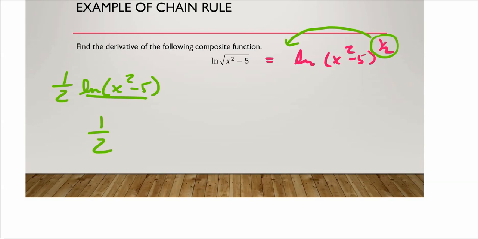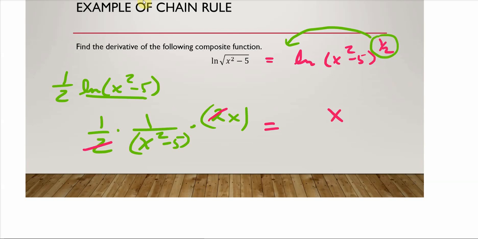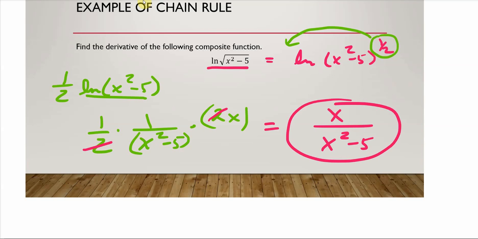And the derivative of ln of a quantity is going to be 1 over my quantity, times the derivative of my quantity, which is 2x. And now by simplification, I'm going to cancel this out. It reduces to a 1, so I'm going to be left with x over x squared minus 5. And this is the derivative of this.